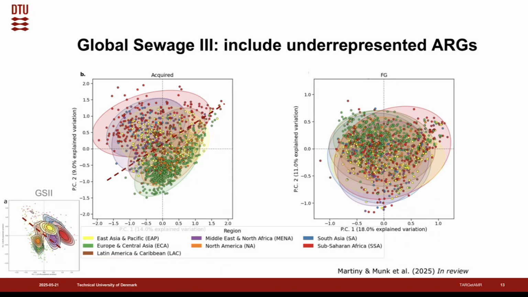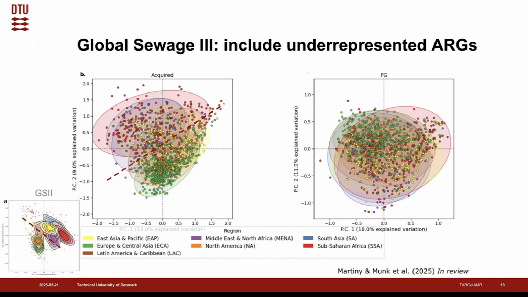The picture becomes a little bit more muddy, but looking at the FG genes in the biplot, the beta diversity, we don't see the regionality explaining the beta diversity here. We have tested it. It's actually more linked to the bacteria, the FG genes, and the acquired resistant genes.